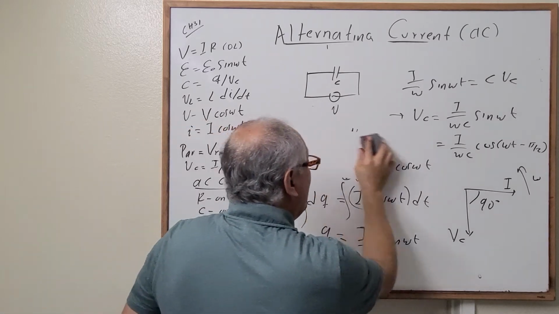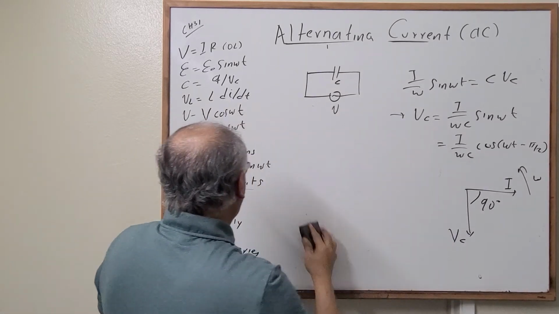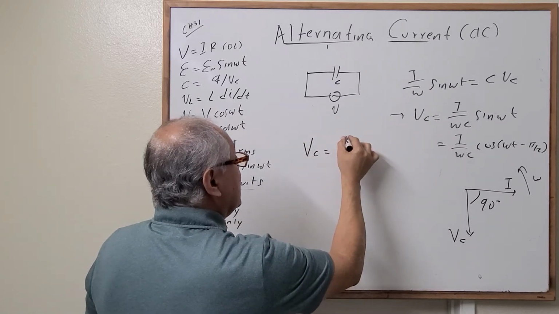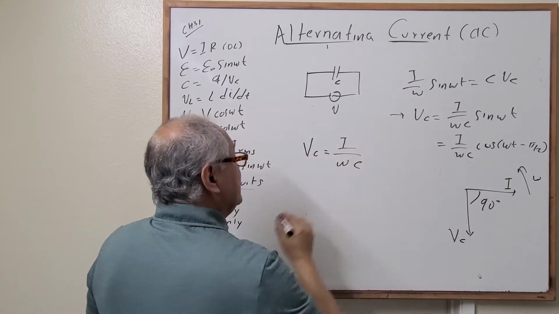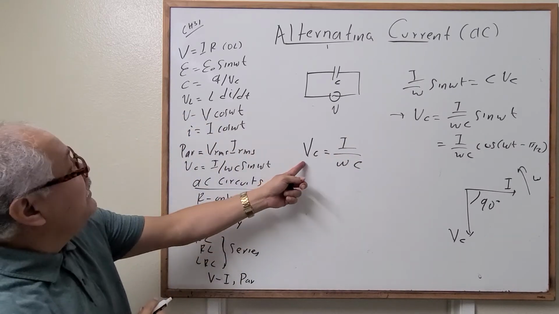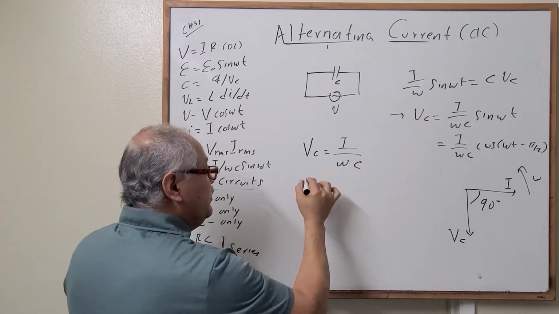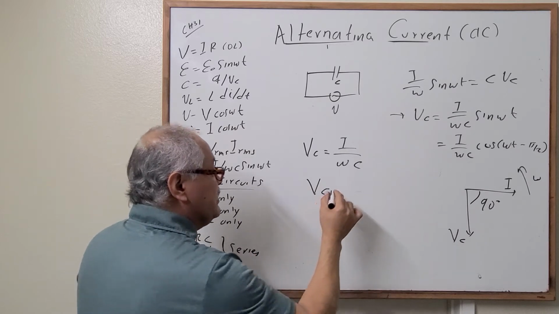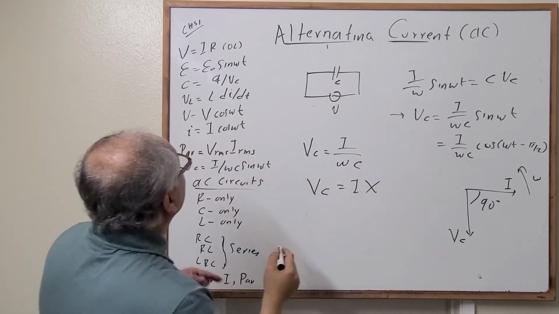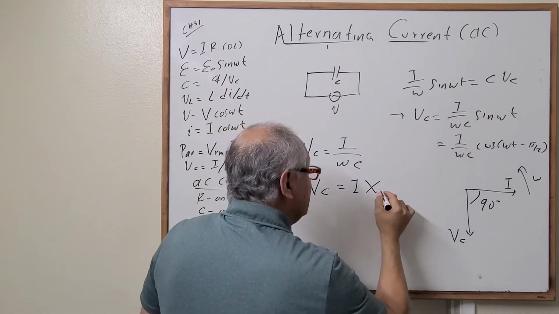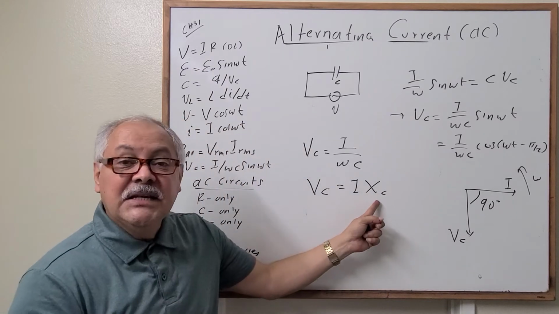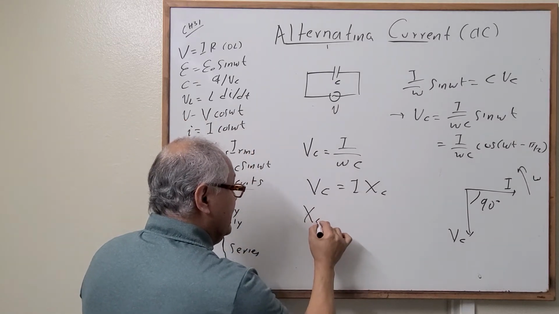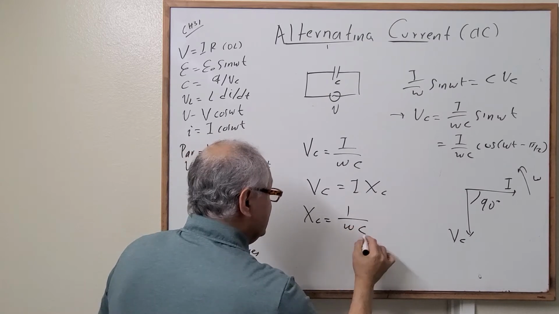Then the maximum voltage or amplitude is equal to current divided by omega C. When we compare this to Ohm's law, we can represent this as the maximum voltage of the capacitor equal to current times a quantity that represents the resistance, and this is called the capacitive reactance.